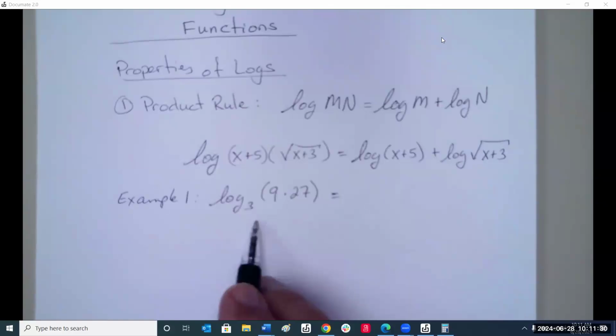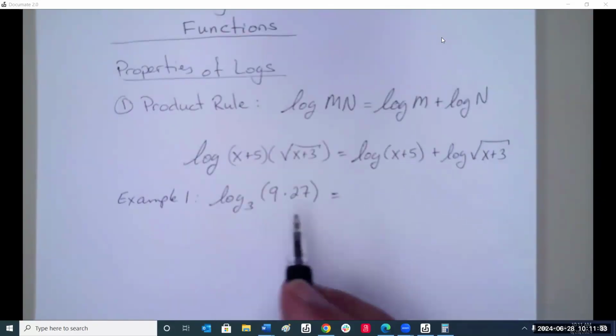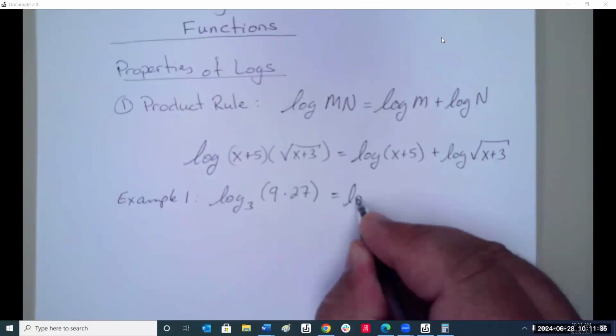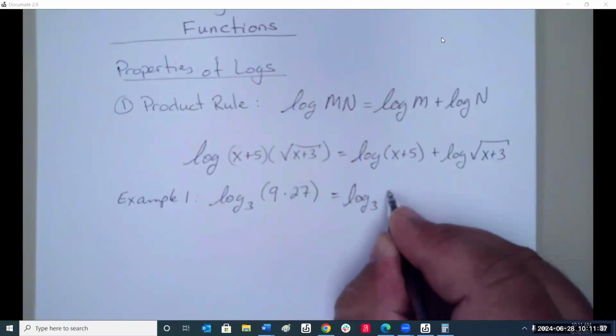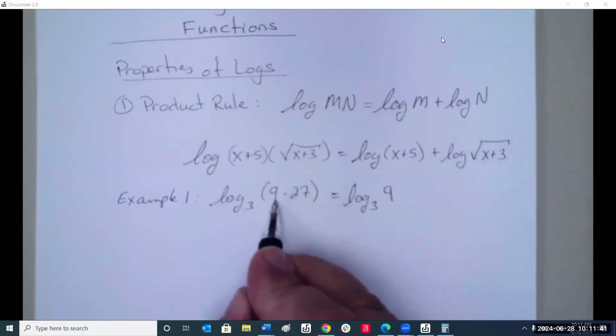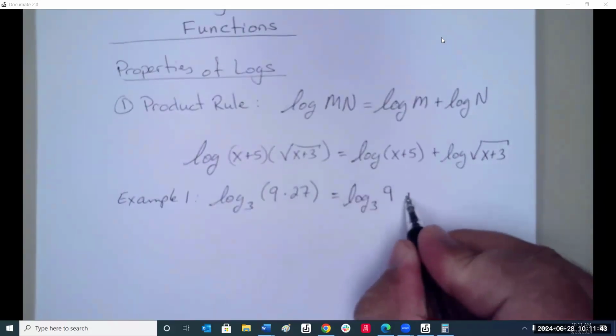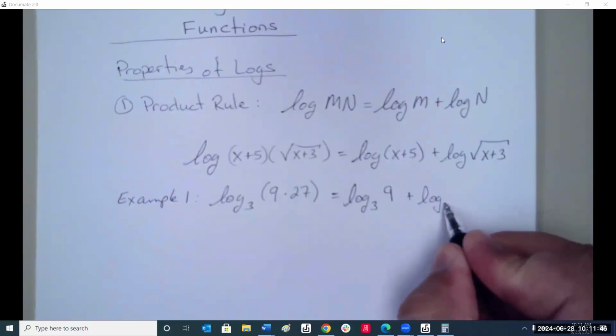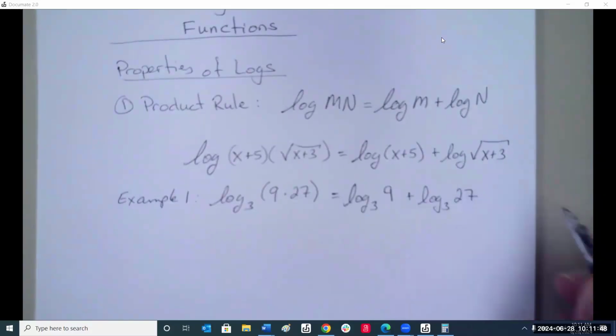So how can I expand that? Log base 3 of 9 plus log base 3 of 27.